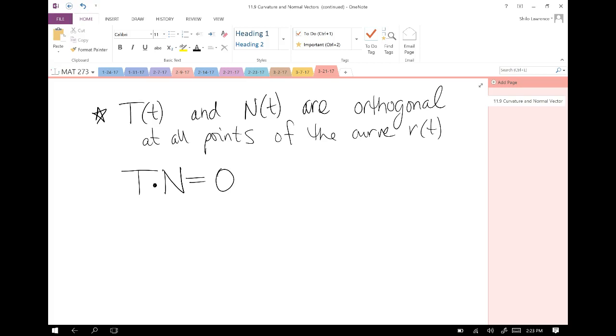The tangent vector is the direction of motion at that instantaneous point in time, so any change there is just changing our speed. And then the normal vector is pulling us away from our direction, so any change there is change in direction.